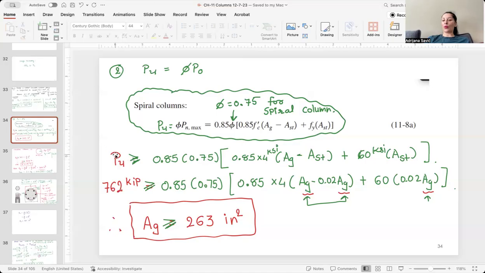Since Pu is 762 kips, plugging in our numbers, we obtain that the gross area of the column has to be greater than or equal to 163 inch square.